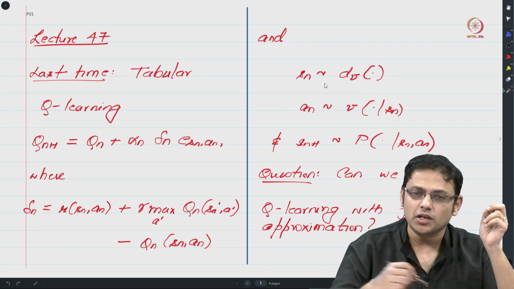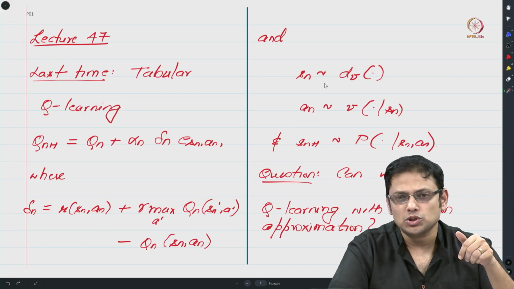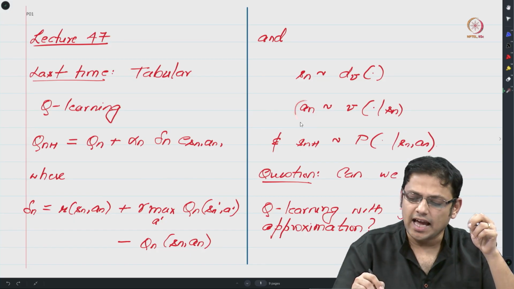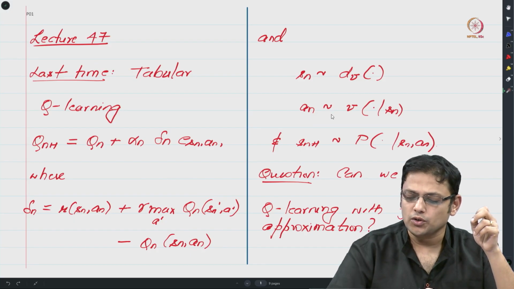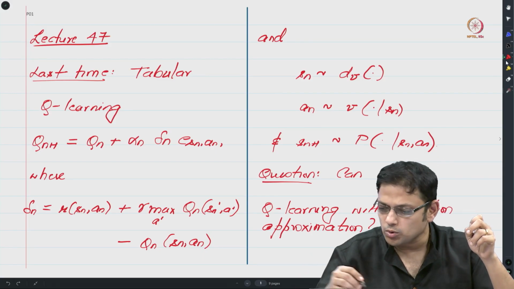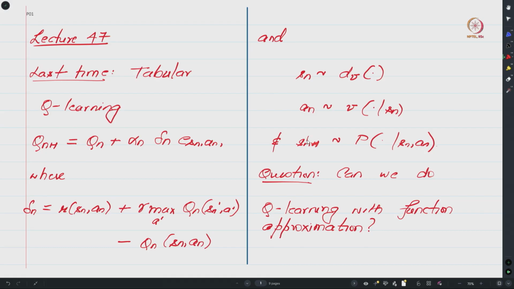And this d nu over here is the stationary distribution associated with the behavior policy, or the Markov chain induced by the behavior policy, and this action an is chosen according to your behavior policy, while Sn prime, so I should perhaps not put Sn plus 1 here but Sn prime over here, is chosen or sampled from your transition kernel.